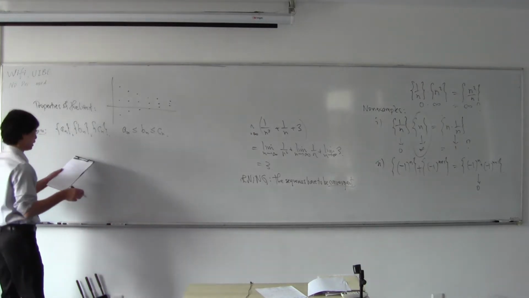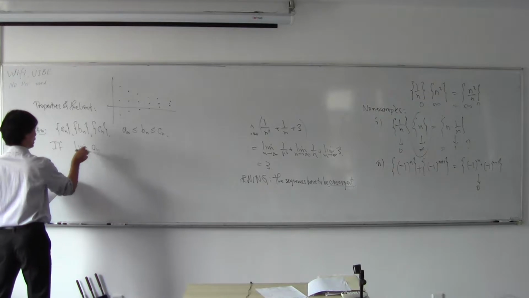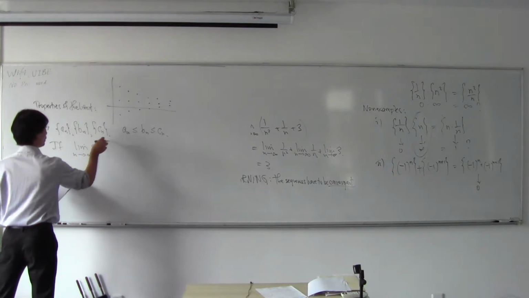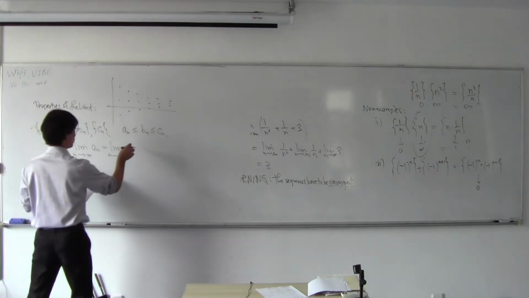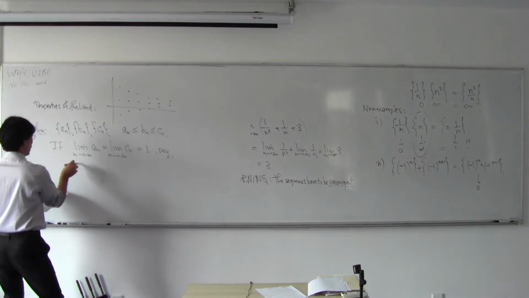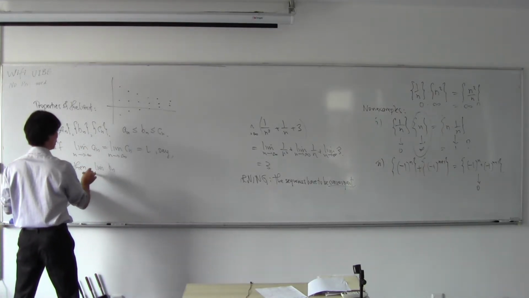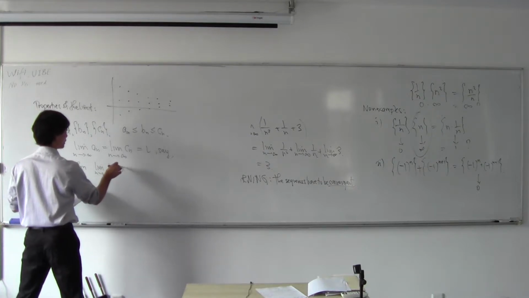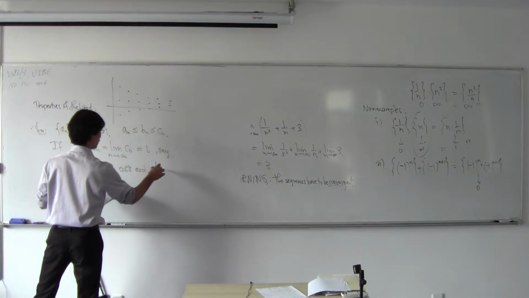If the limit of the low guy equals the limit of the high guy, then the limit of b_n exists and is L also.